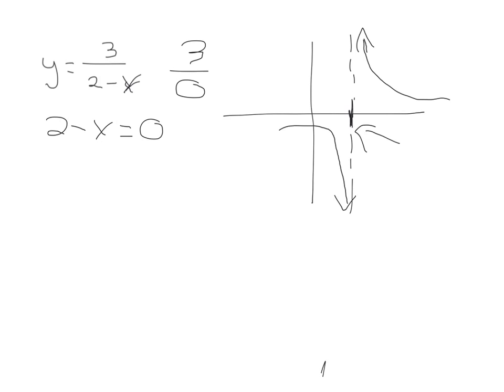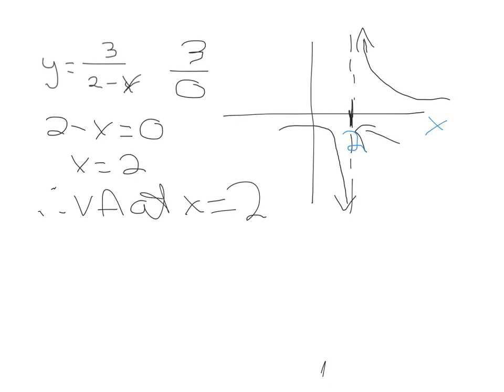So if I solve this equation, I can see that x equals 2 is going to do that. So I would say that I have a vertical asymptote at x equals 2. And that's the line that I've drawn over here. And I'm going to put a 2 here now on the x-axis because I can tell from this graph that that was the value where this function is undefined, okay?